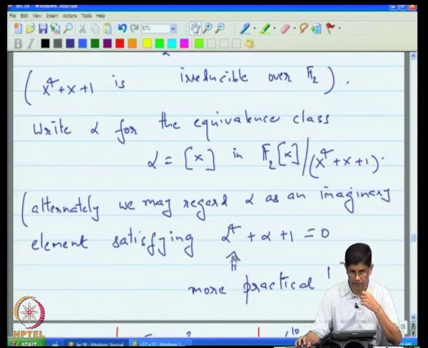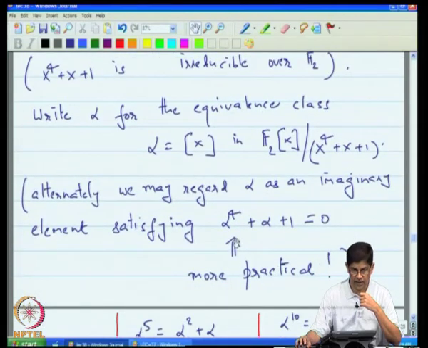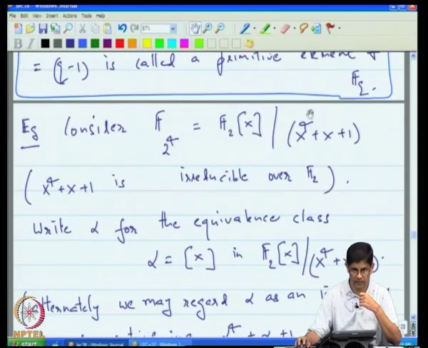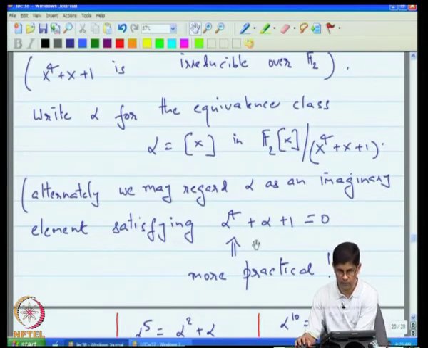If you keep this in mind, then you do not have to keep carrying this around, because your element alpha has the condition that you are doing arithmetic modulo x^4 plus x plus 1 built in, because alpha^4 plus alpha plus 1 equals 0.